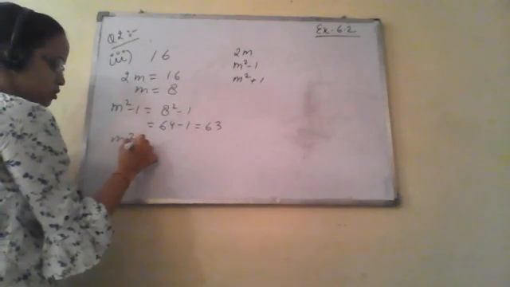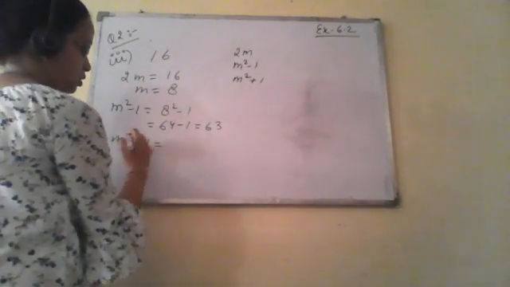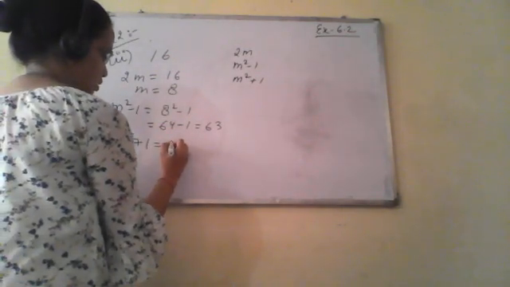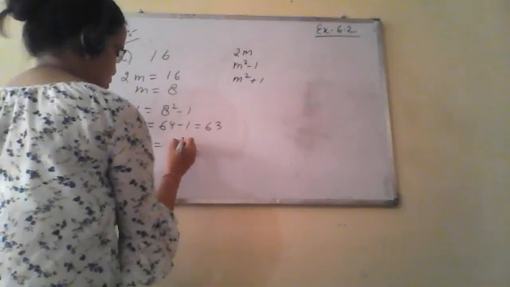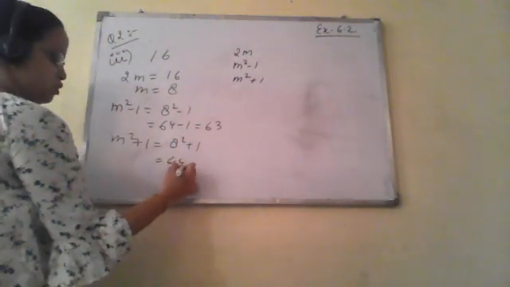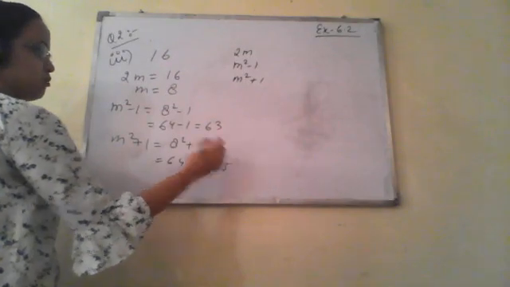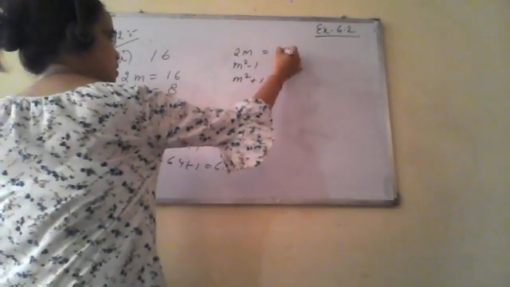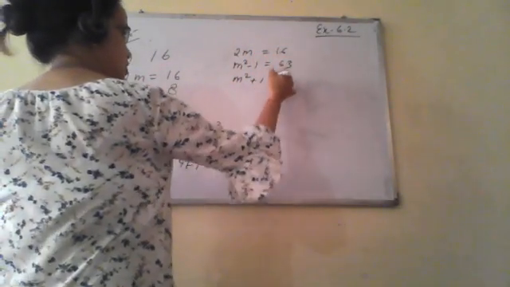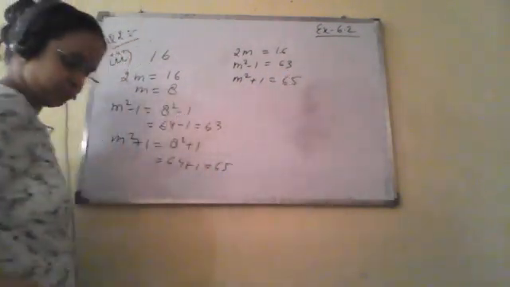So m square plus 1 will be 8 square plus 1, this is 64 plus 1, this is 65. So the triplet will be 16, 63 and 65.